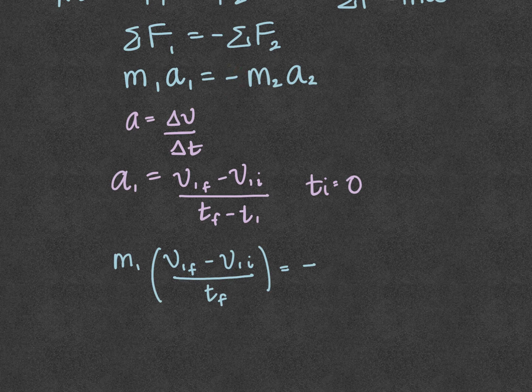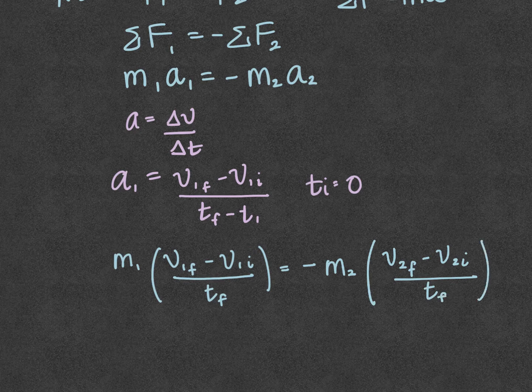don't forget this negative sign up here, that's important, and then that will be equal to m2, and we're going to do the same thing for a2, our acceleration of the second object, but this time this will be velocity of object 2 final minus the velocity of object 2 initial divided by t final.